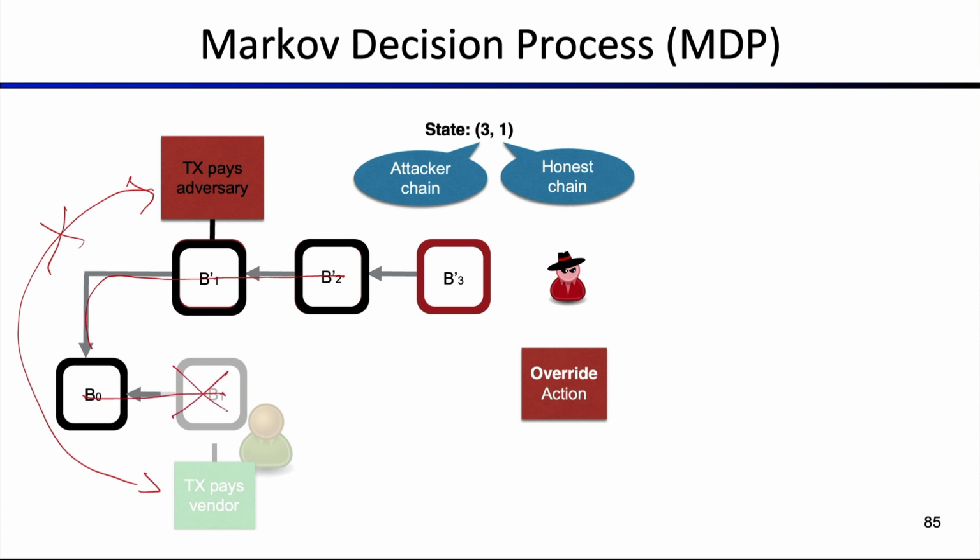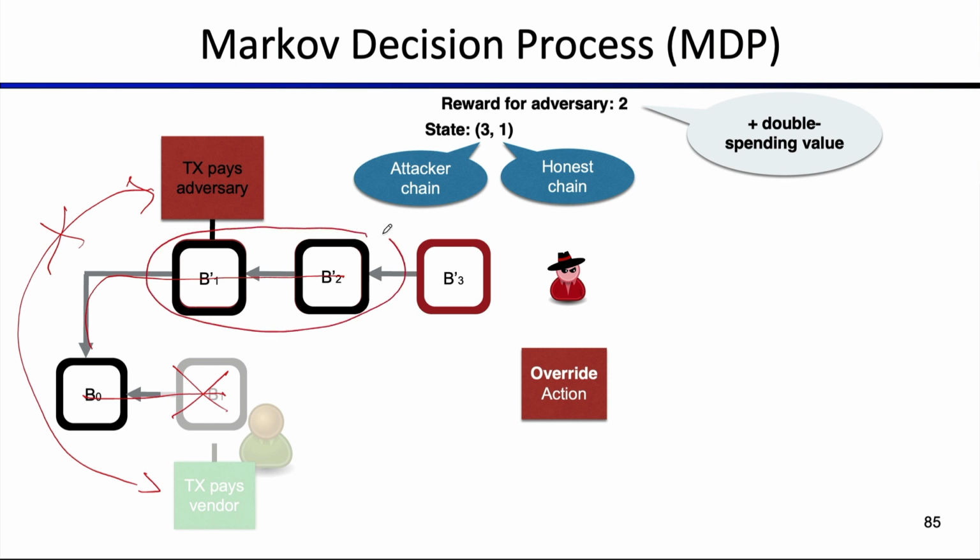This is overridden. It's no longer a valid longest chain. And naturally now the honest network will continue mining on B2 prime, but the adversary got a profit, right? The adversary got the block reward for these 2 blocks plus the double spend reward for this very transaction, at least as long as the merchant accepted the transaction after 1 block confirmation.